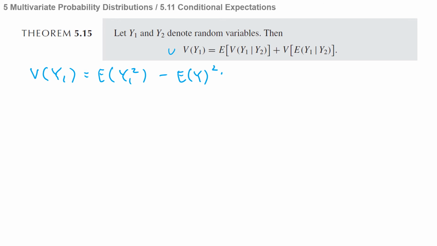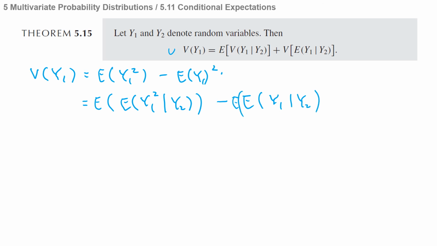And from here, the expected value of y1 squared is the expected value of the expected value of y1 squared given y2. And the other part is the expected value of the expected value of y1 given y2, squared.